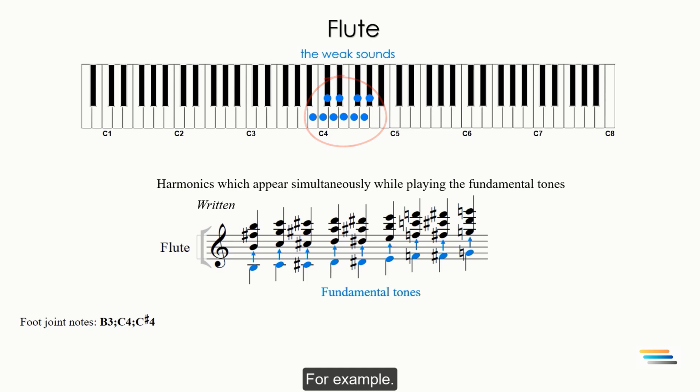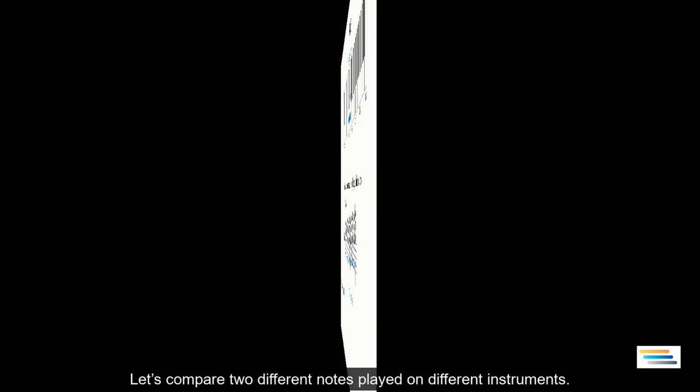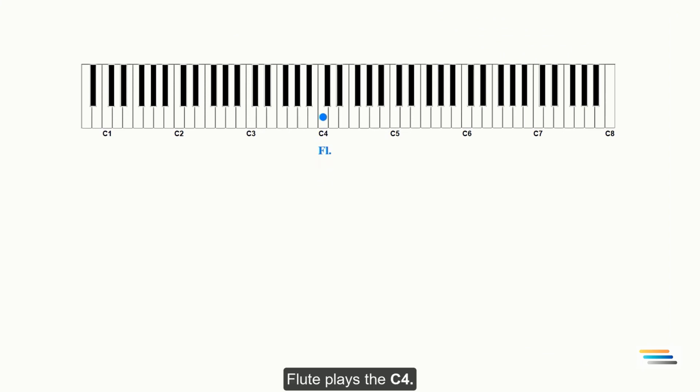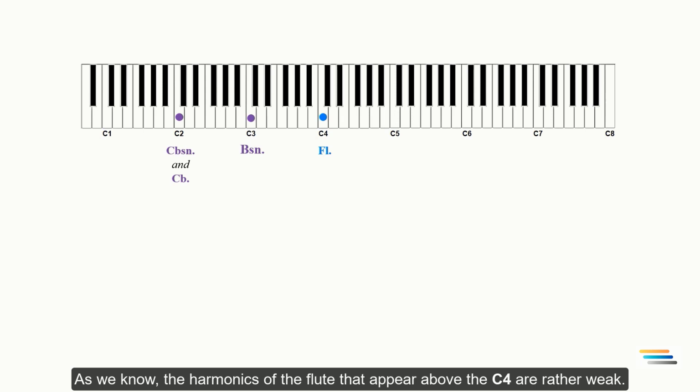For example, let's compare two different notes played on different instruments. Flute plays the C4, bassoon, contrabassoon, contrabass. As we know, the harmonics of the flute that appear above the C4 are rather weak.